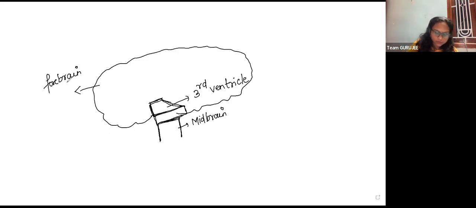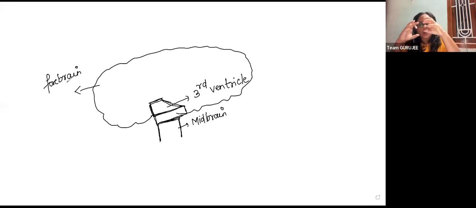When I told you that the brain is divided into 3 parts: forebrain, midbrain, and hindbrain, I told you the hindbrain is what? Pons, medulla, and cerebellum. Yes, pons, medulla, and cerebellum are called the hindbrain.